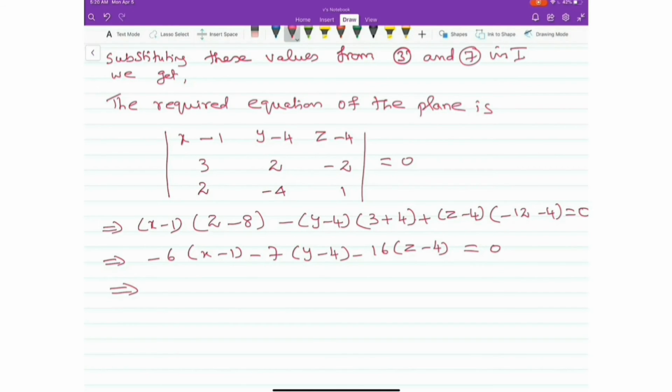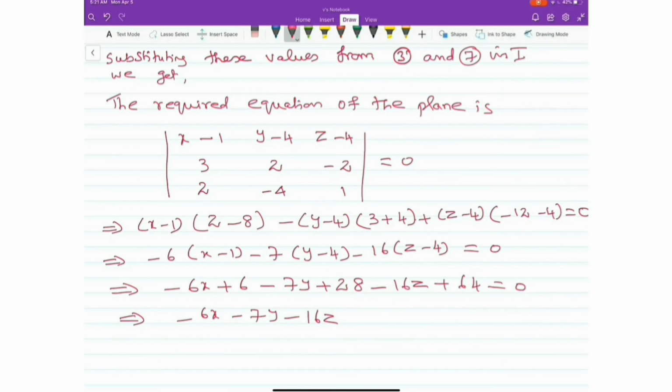Which in turn can be written as minus 6x plus 6 minus 7y plus 28 minus 16z plus 64 equal to 0. This is nothing but minus 6x minus 7y minus 16z plus 98 equal to 0.